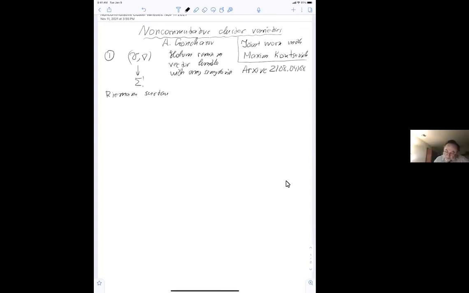Yes, a vector bundle with connection. Thanks, I didn't say this. With connection, with meromorphic connection, with arbitrary singularities, on this Riemann surface.